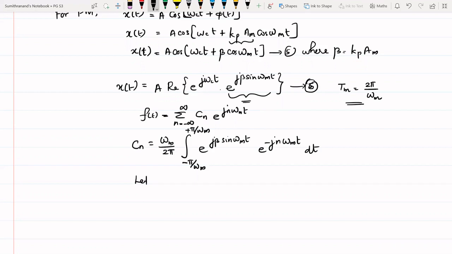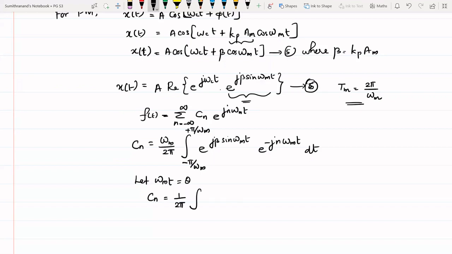Let omega m into t be replaced with theta. We are giving a dummy variable theta to omega m into t, so that Cn can be written as Cn is equal to 1 by 2 pi into integral.